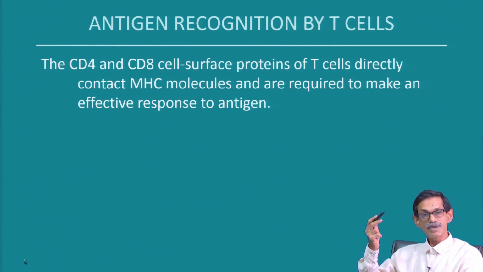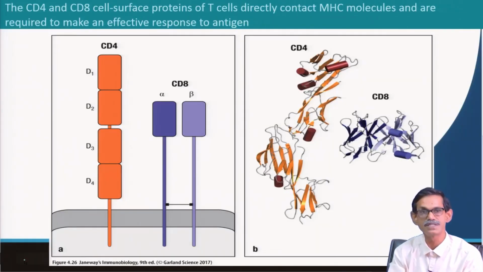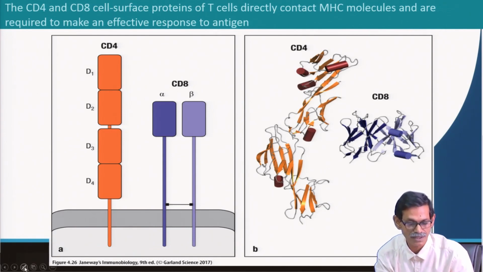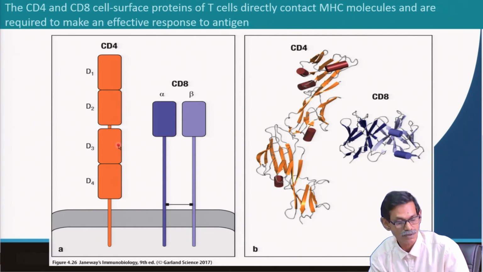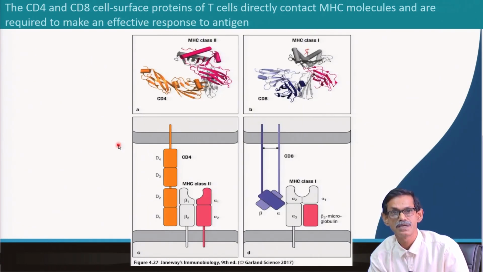So, anything coming from outside is presented by MHC 2, and MHC 2 is interacting with CD4 cells, that means helper cells. How is it determined actually? You have already seen this slide with CD4 and CD8, so I am not going to go into detail.